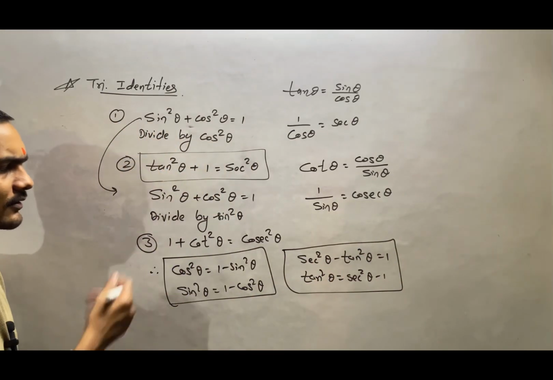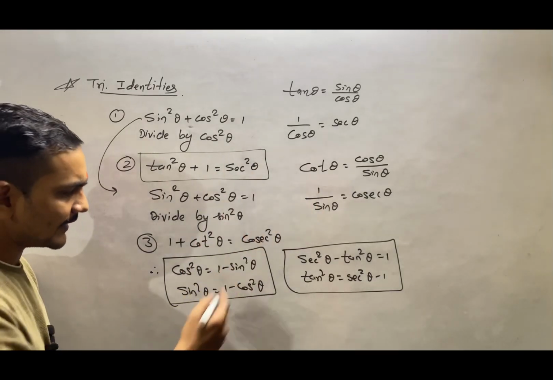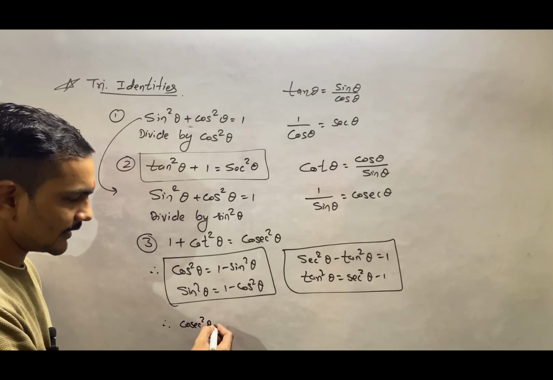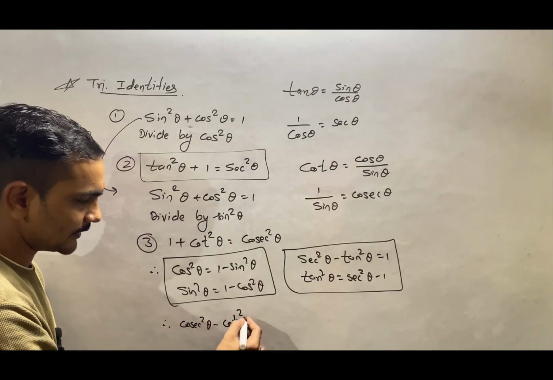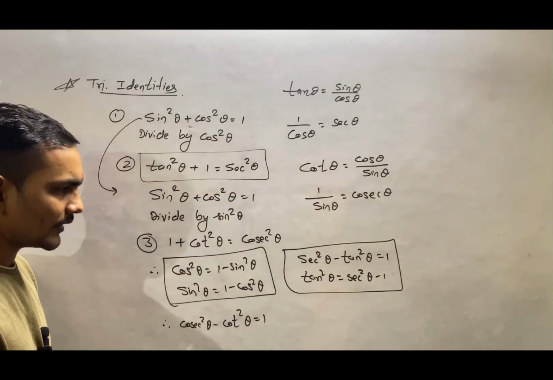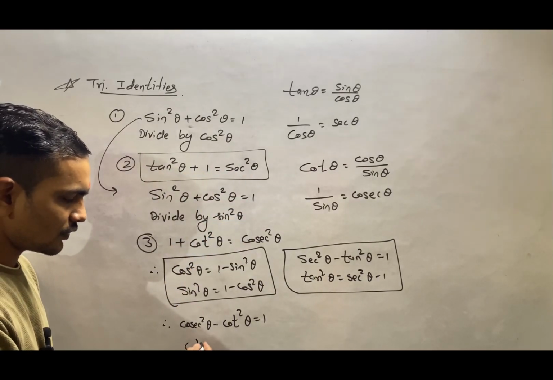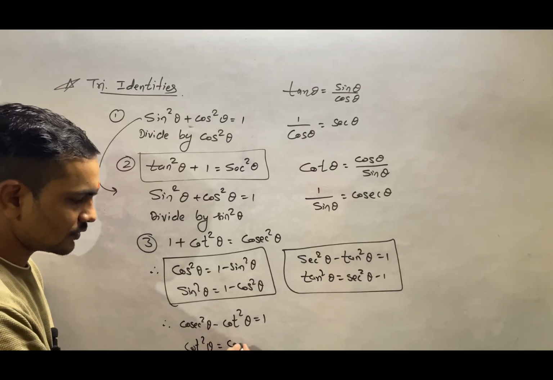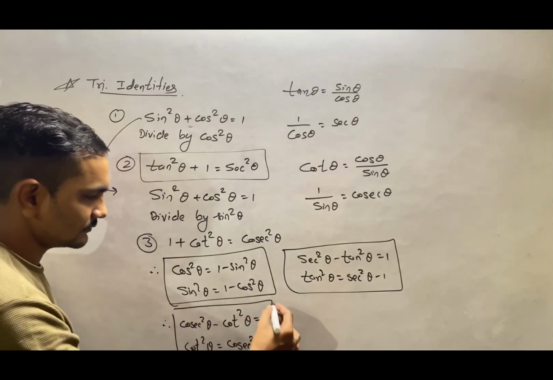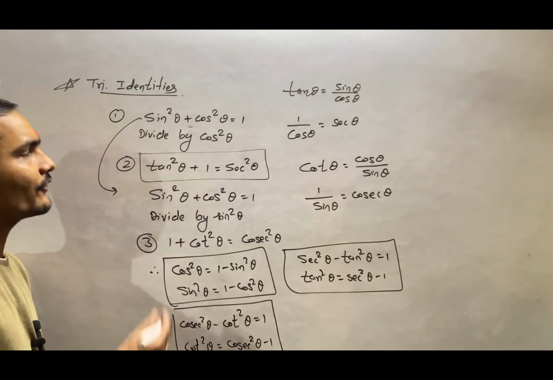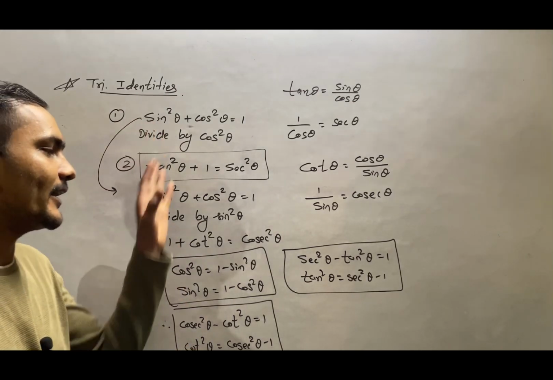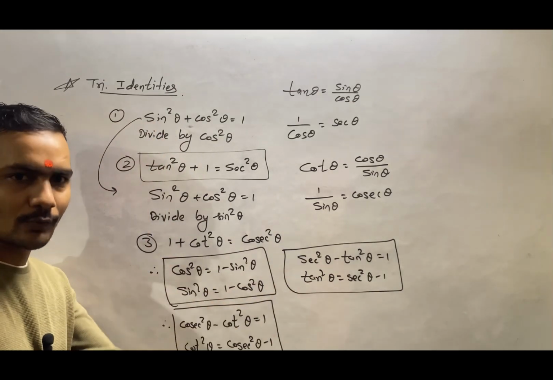And then third, if we take cot to that side, we can say cosec square theta minus cot square theta equals 1. Or if we take 1 to that side, then cot square theta equals cosec square theta minus 1. So basically we have the three standard identities, and by rearranging them we can make six more.